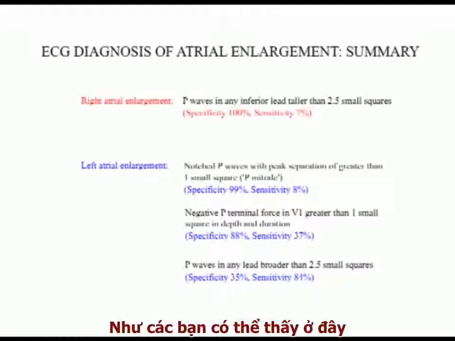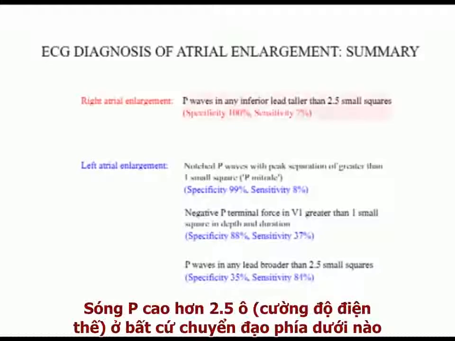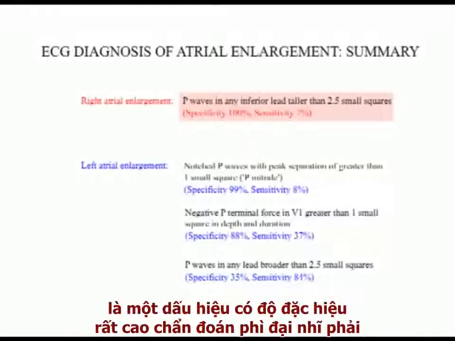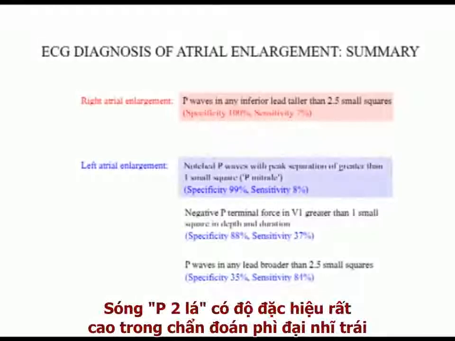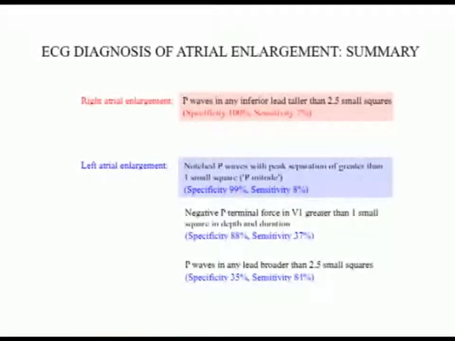As you can see from the figures quoted here, P waves taller than 2.5 millimeters in amplitude in any of the inferior leads is a very specific finding for right atrial enlargement, and P mitrale is very specific for enlargement of the left chamber.